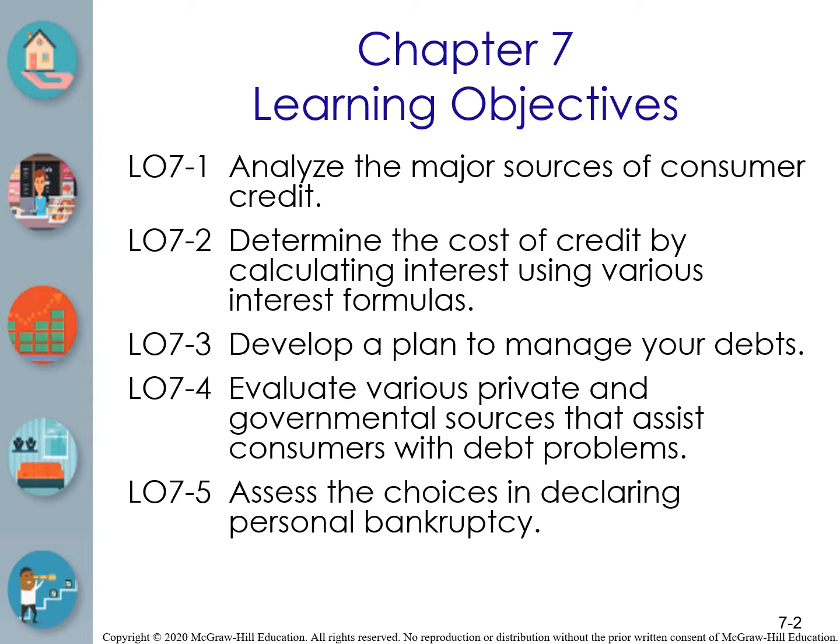So finally, assessing the choices in declaring personal bankruptcy. Bankruptcy is a financial option you reach when, one, you're unable to meet the requirements of your debt on a monthly basis, or whatever term you're talking about.